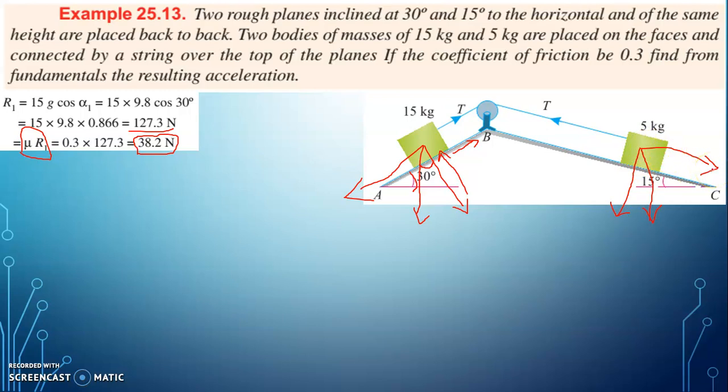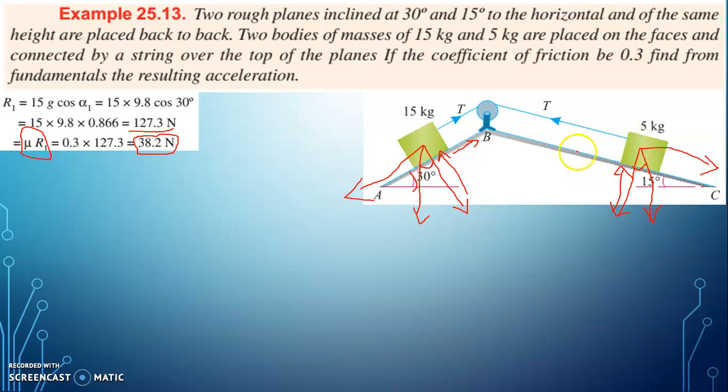The perpendicular one is 5 into 9.81 cos 15 degrees, and the parallel one is 5 into 9.81 sin 15 degrees. Whatever force acts on the surface is offered by the reaction of the surface.